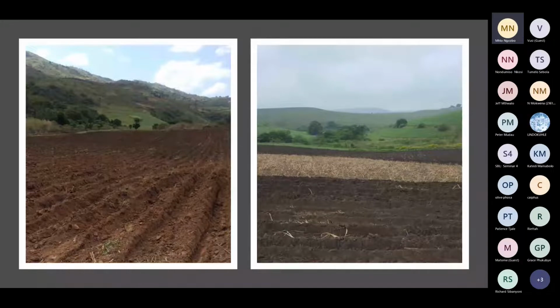And mostly minimum tillage is done on steep slopes of not more than 12%. So sugarcane is grown on slopes which are below 12%. If it's more than 12%, you stand a chance of erosion and many other issues that you would face there, because on that slope you can't use machinery.